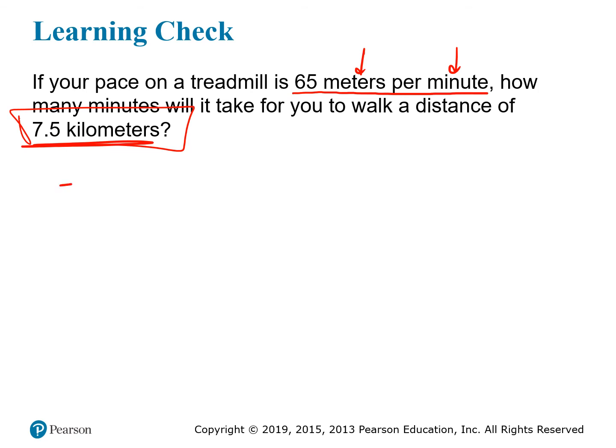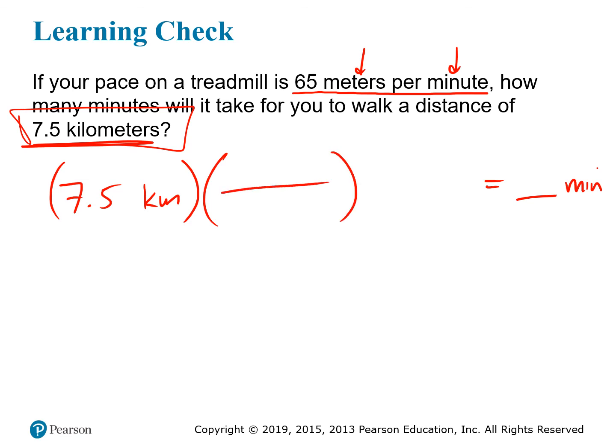So we're starting with 7.5 kilometers, and at the end, we want our answer to be in minutes. Again, if we had a speed that were in kilometers per minute, we could just divide by that speed, in other words, flip the top and bottom of that ratio, and we would end up with minutes.